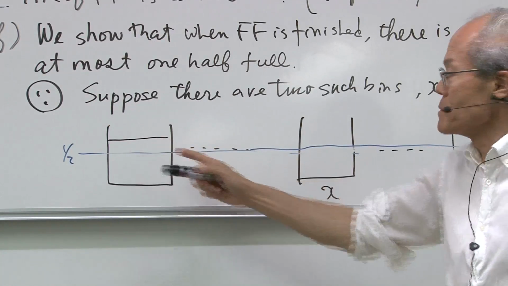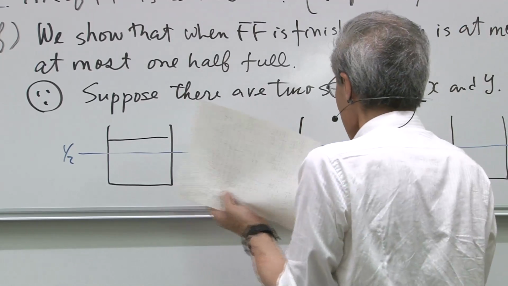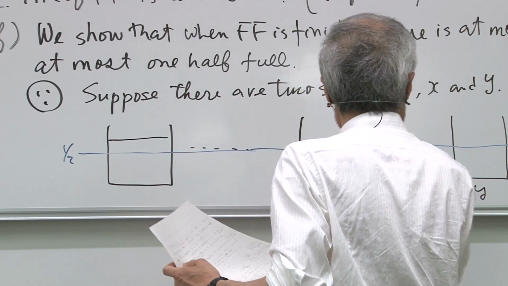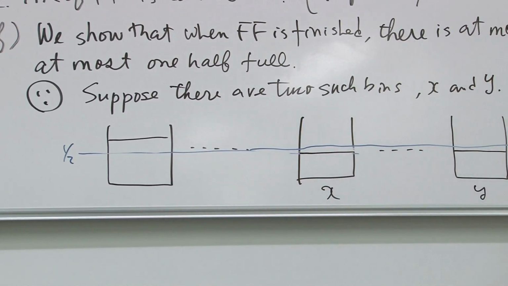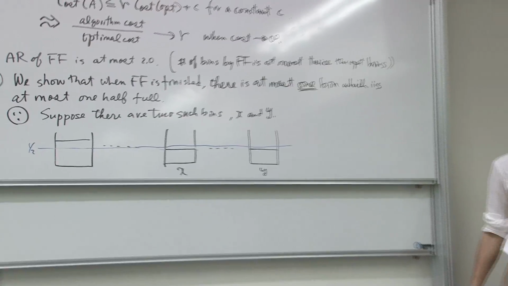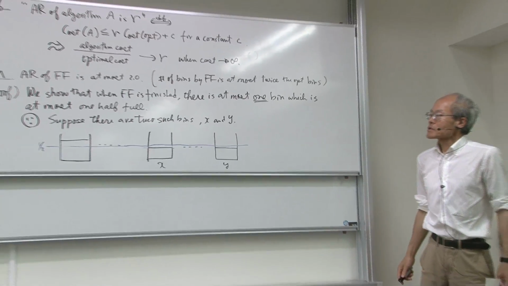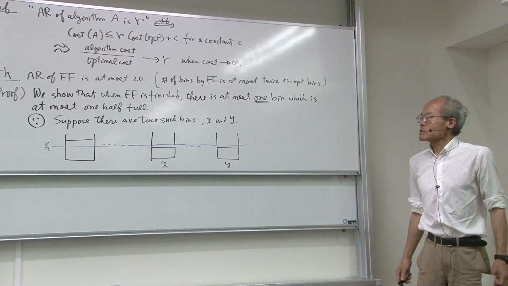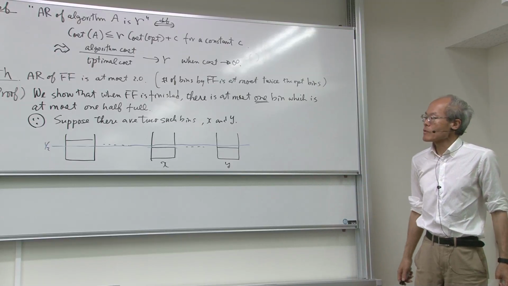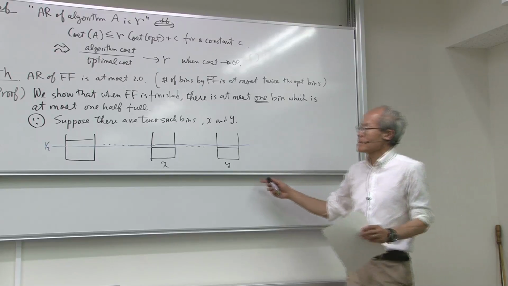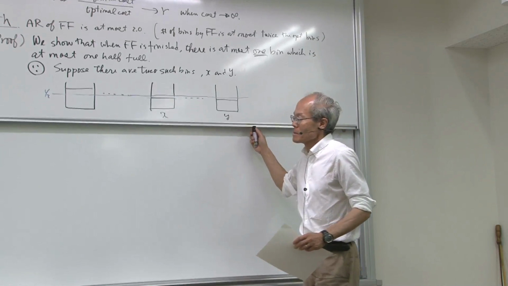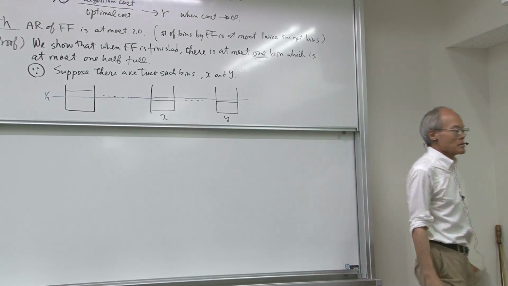More than half. X is at most half, and Y is also at most half. So suppose that there are two such bins, X and Y. Then we can derive a contradiction.